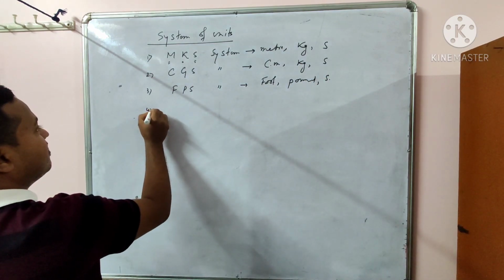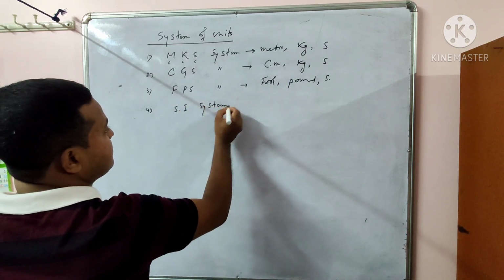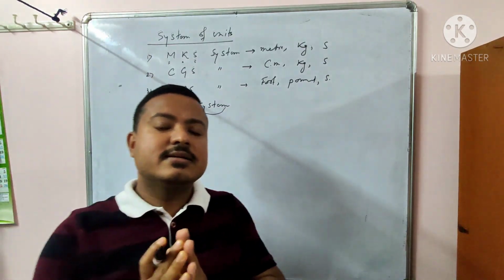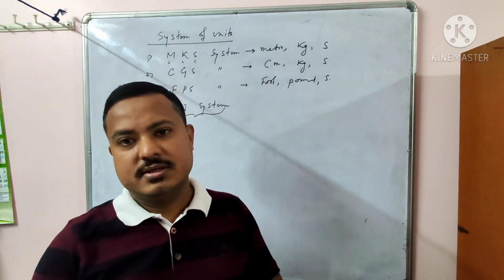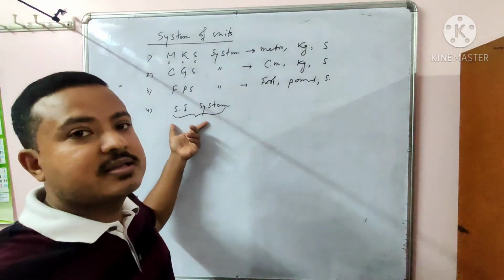And the last one we have is the SI system. So what is the SI system? At present, this is the internationally accepted system of units. The internationally accepted system of units is called the SI system.